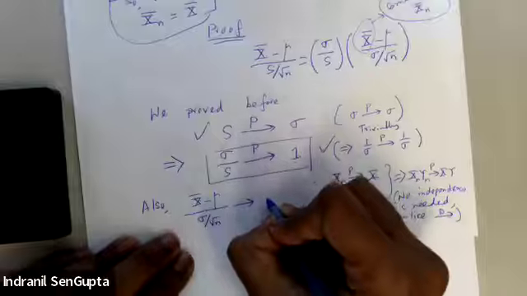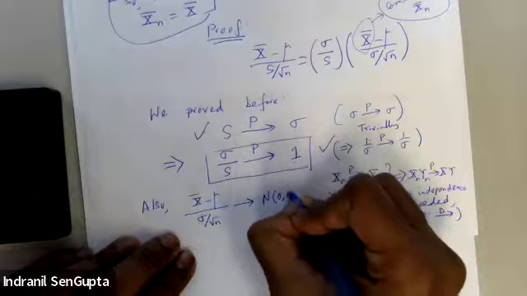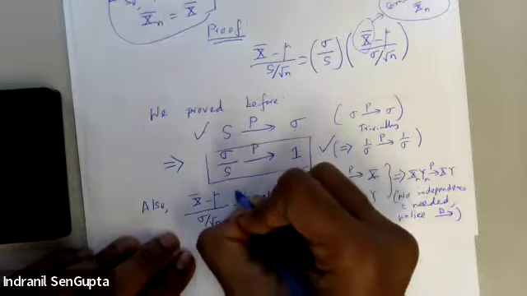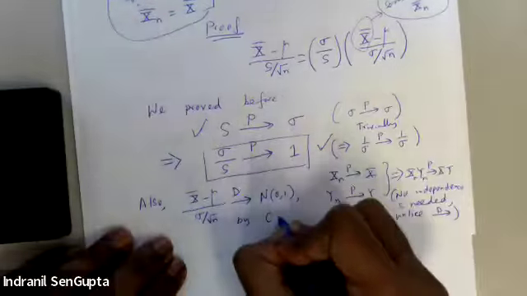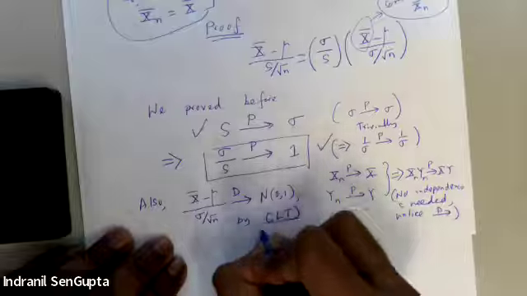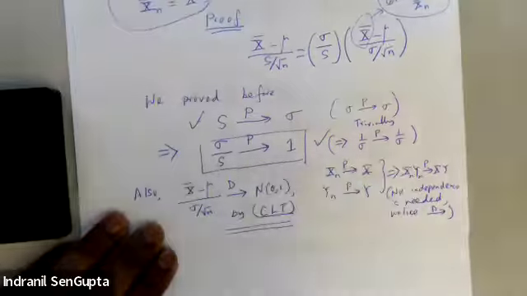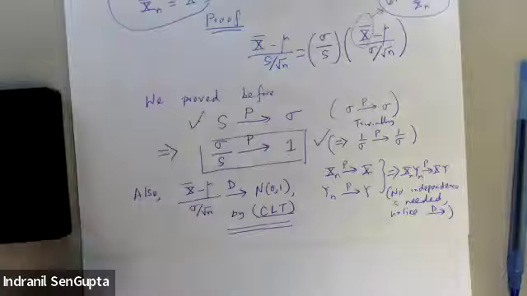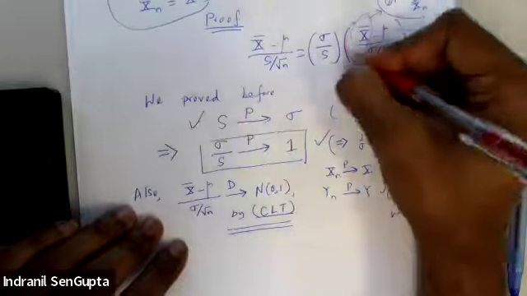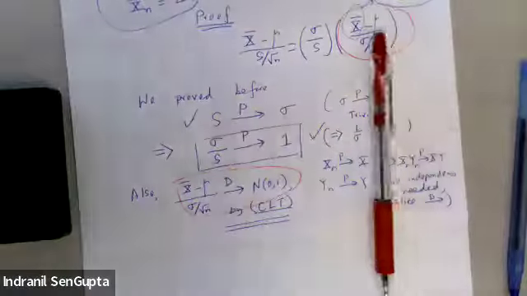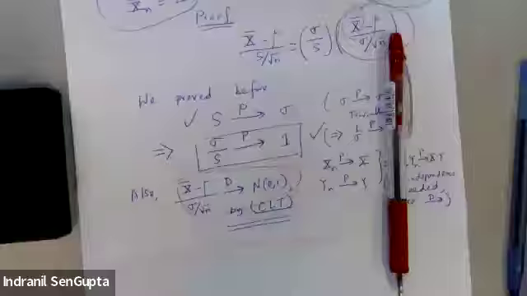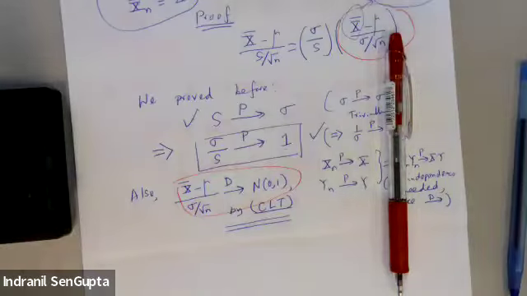So it's normal 0, 1 in distribution by the central limit theorem, sometimes abbreviated as CLT. That is something we already wrote. So this part is going in distribution to the normal distribution. Next, we'll be using Slutsky's theorem, which I have here from the last class. It goes like this.